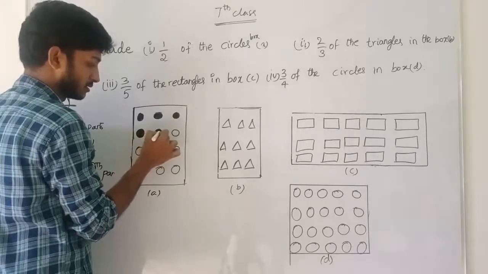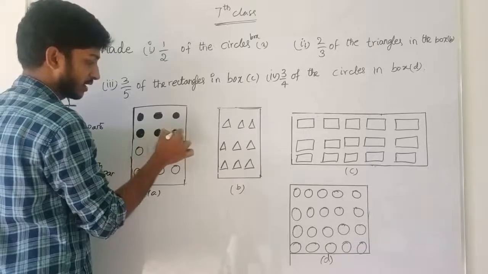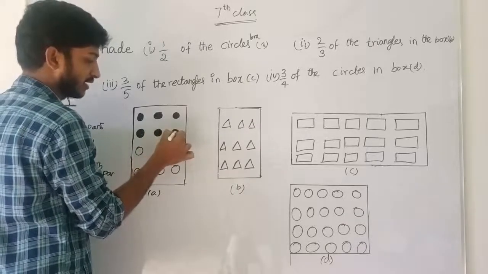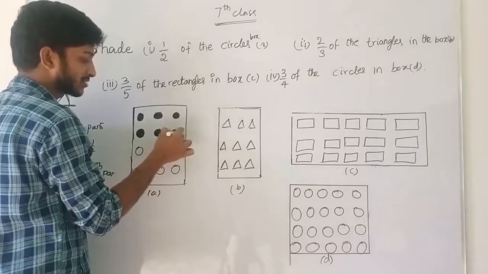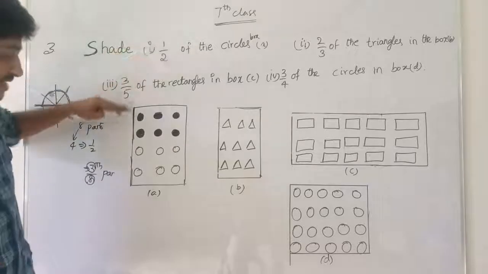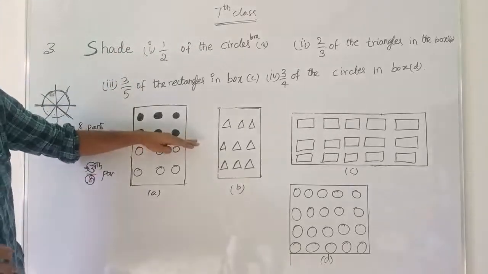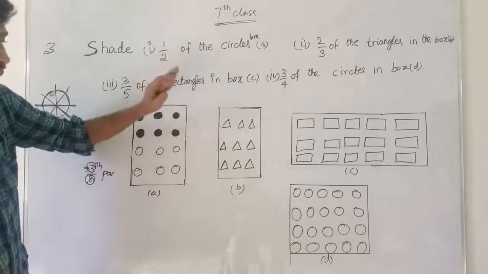See carefully here, I am shading this one and also this one. See here, I shaded 6 circles. This is half of the circles, and the full box has half of it shaded.